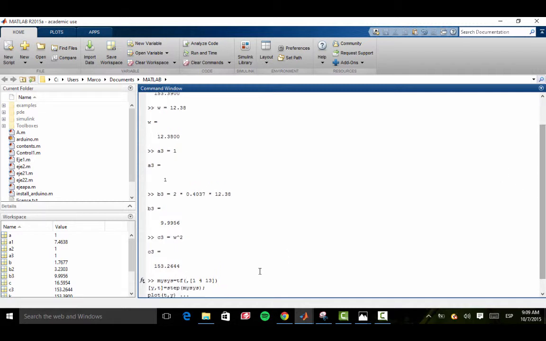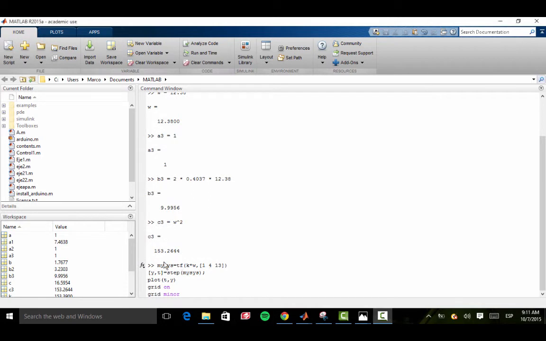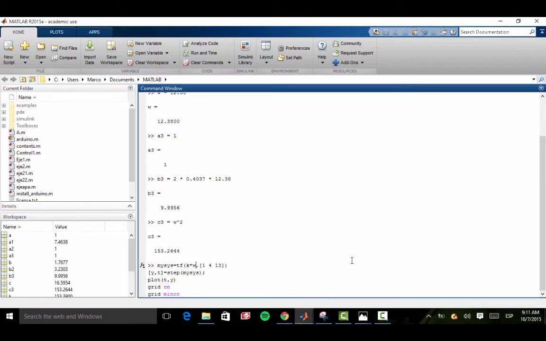That is k times omega n to the 2 in the numerator, where omega n is equal to c3, omega n elevated to the 2. We put here the a3, the b3, and c3.